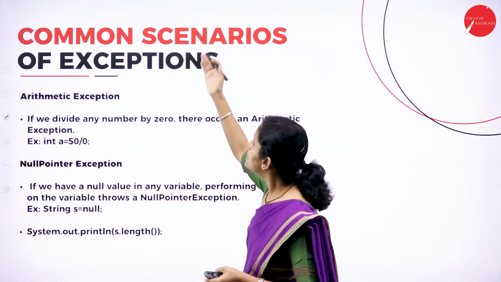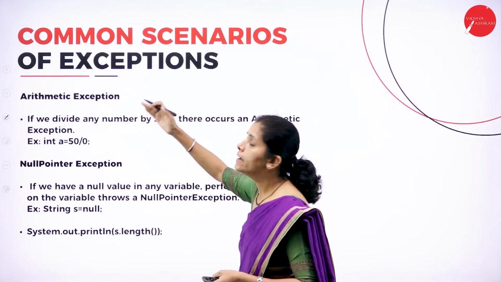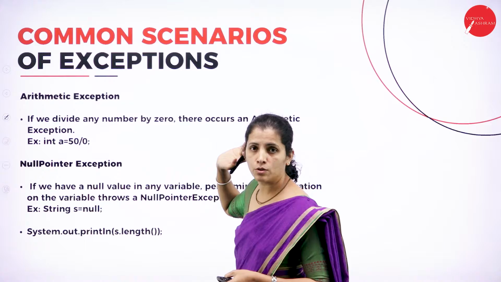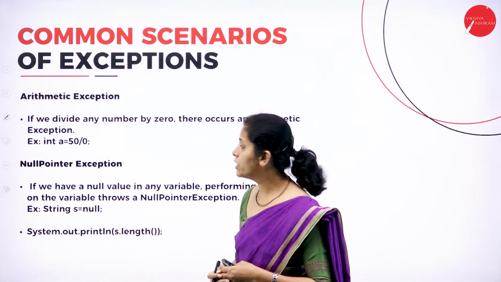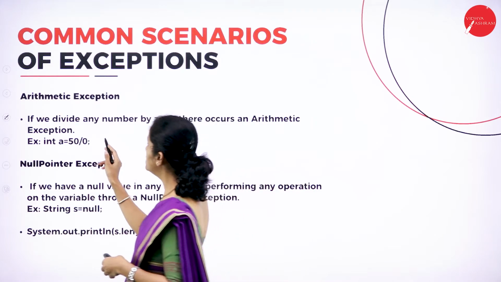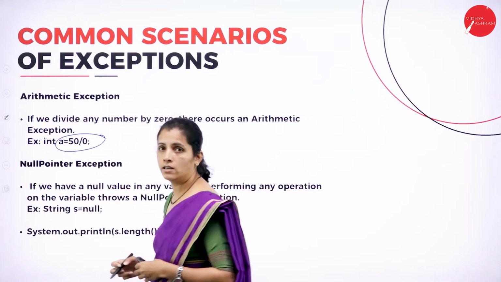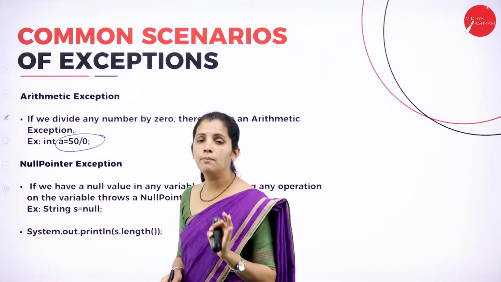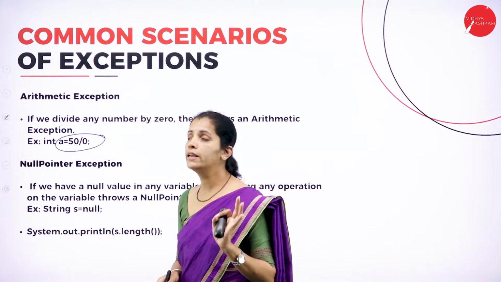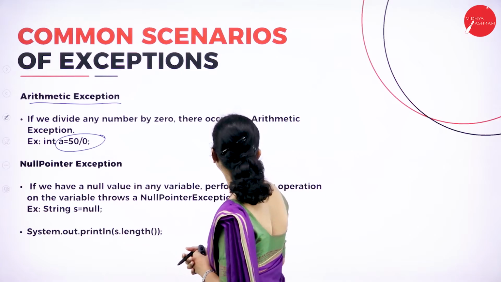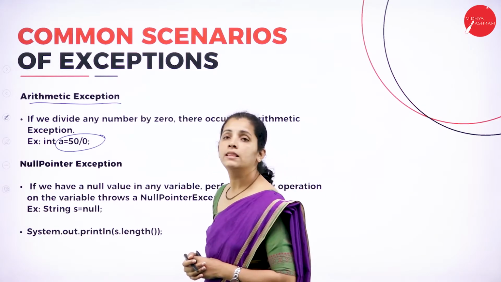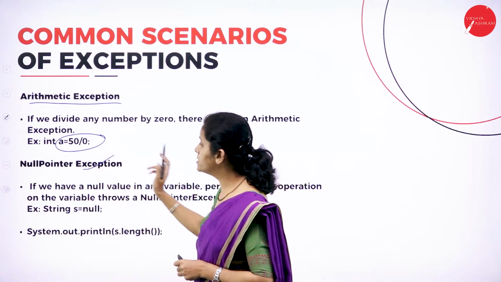Now these are some of the common exception scenarios. These are some examples of an exception. For example, if I consider any number and I try to divide that number by 0, I'm going to get the error message. That is nothing but arithmetic exception. Now, null pointer exception.